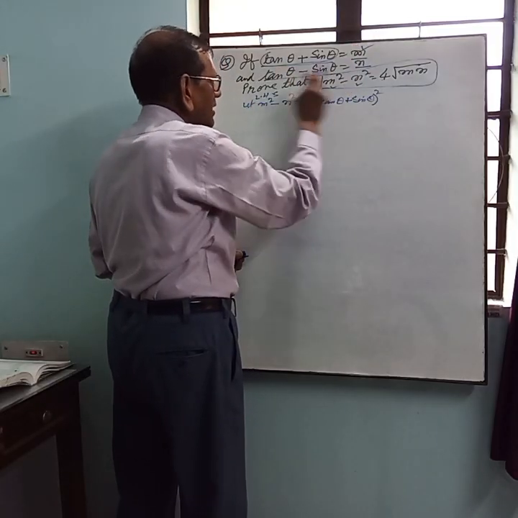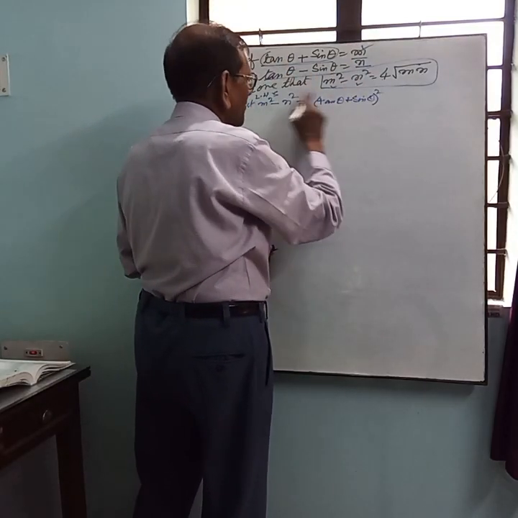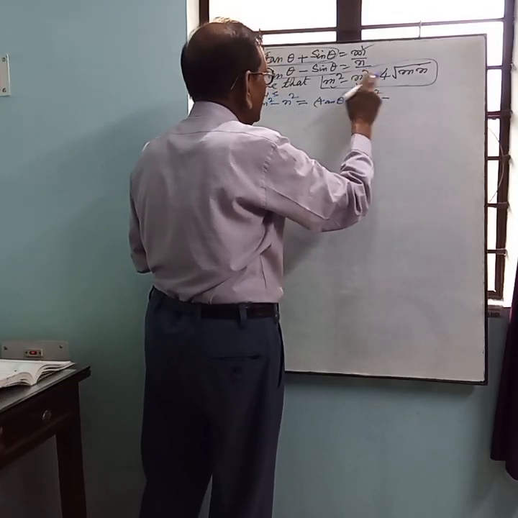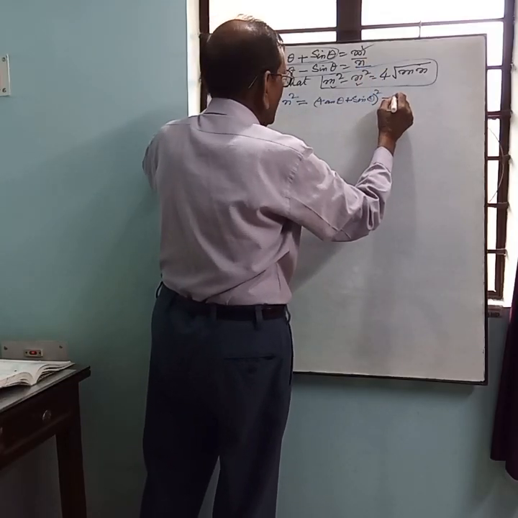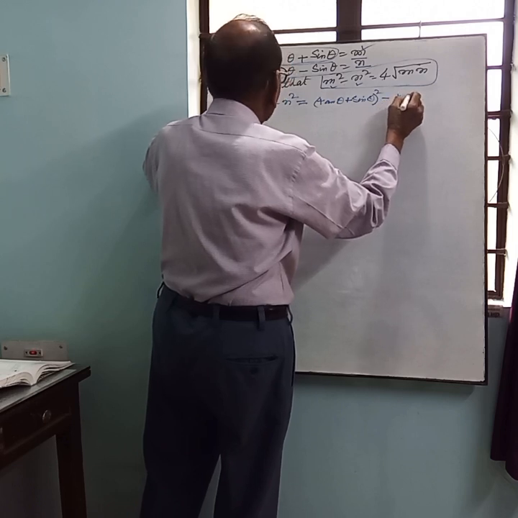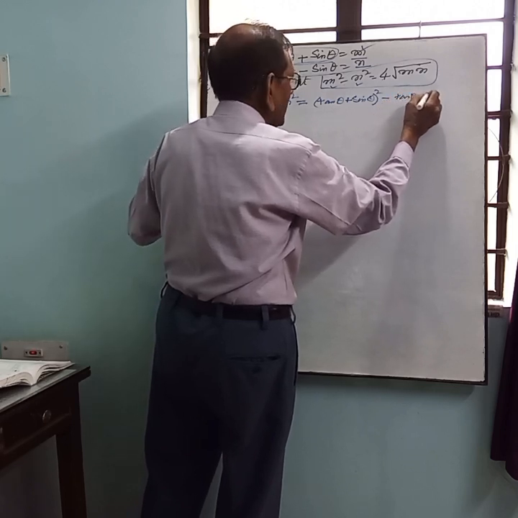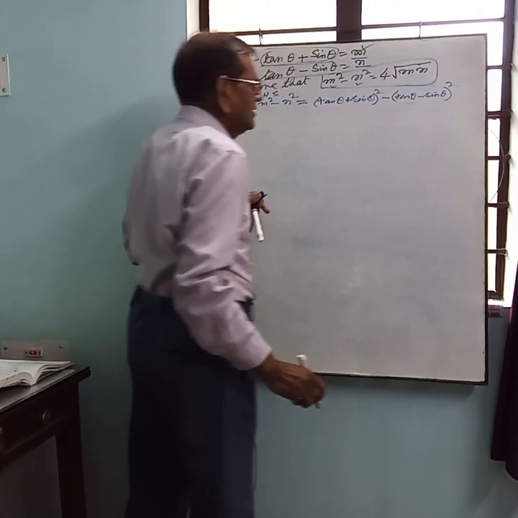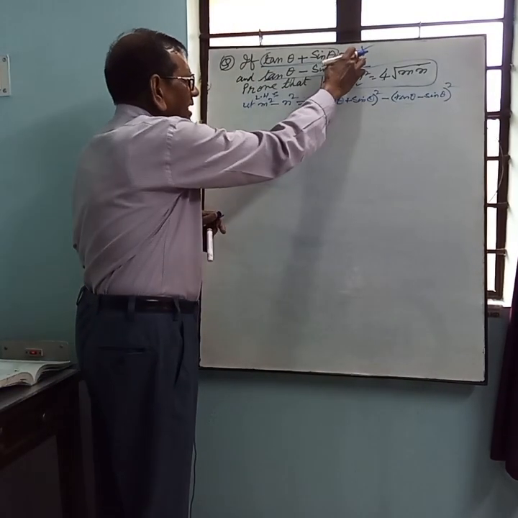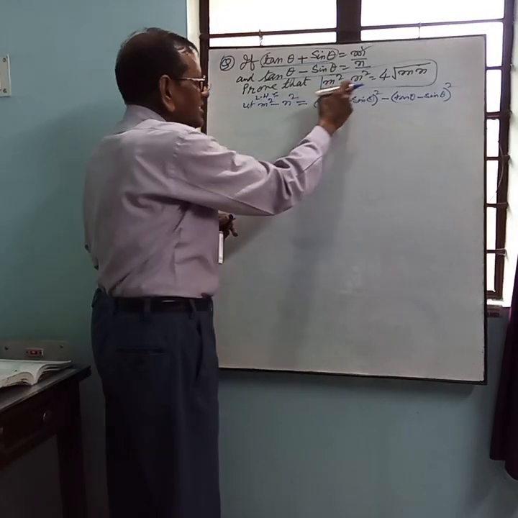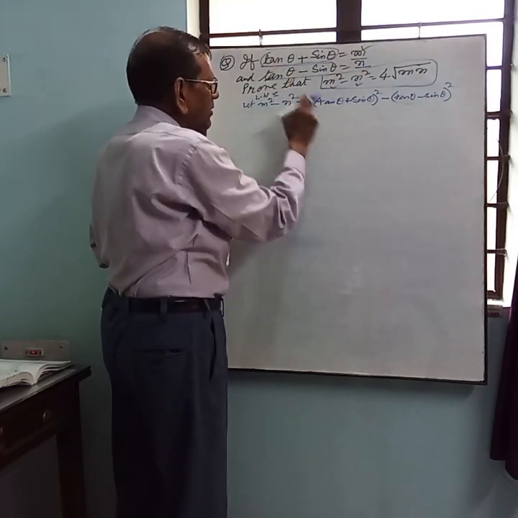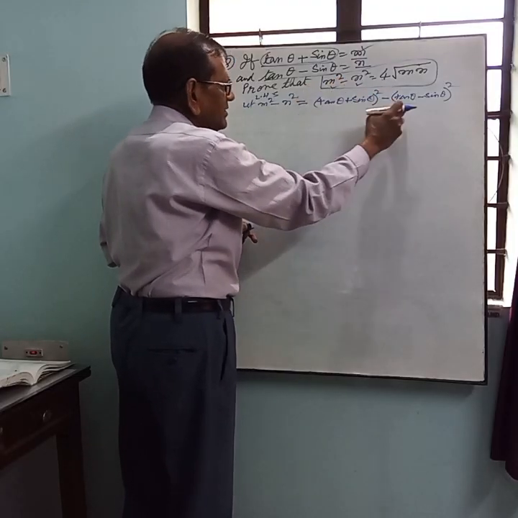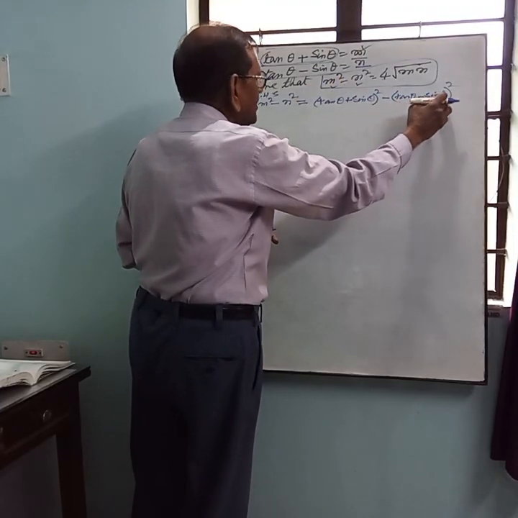M square will be whole square of this minus n square. So for n square, tan theta minus sin theta whole square. M square minus n square for these two, and for m value tan theta plus sin theta square minus n tan theta minus sin theta whole square.